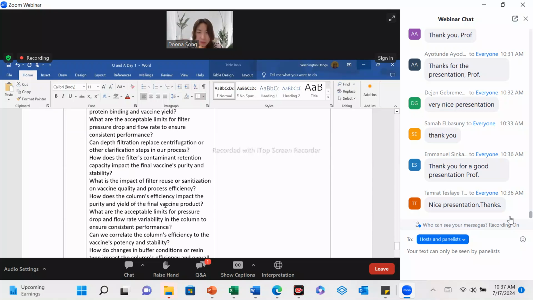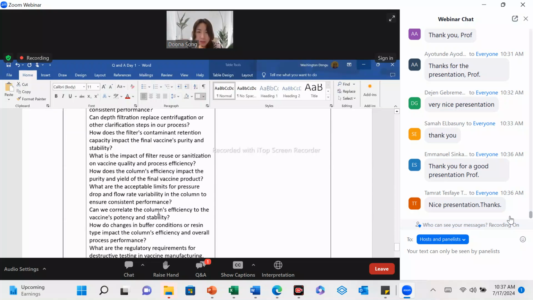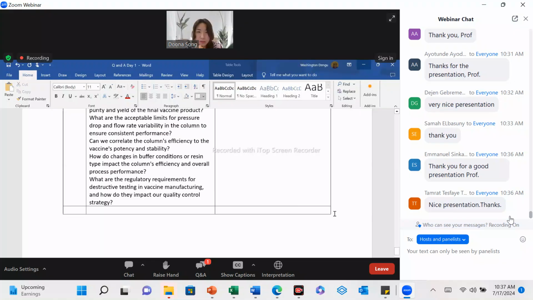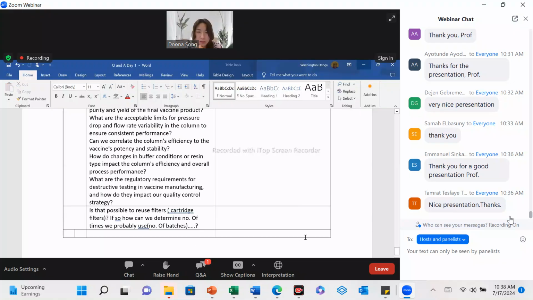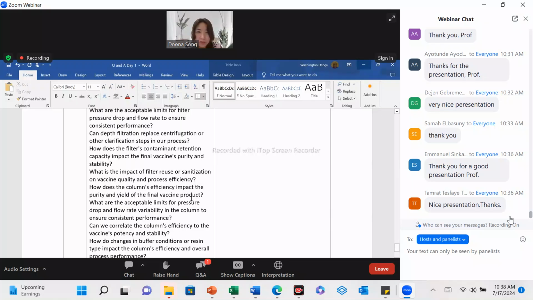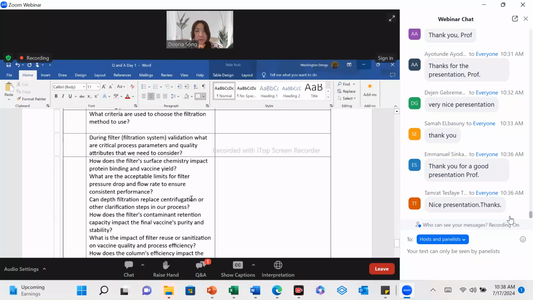For validation, maybe pore size and capability to retain some microbes or bacteria.